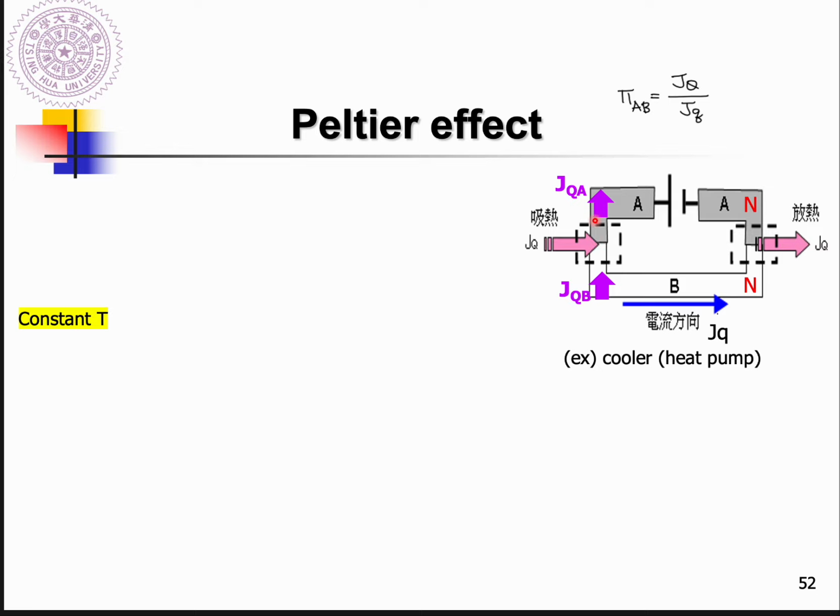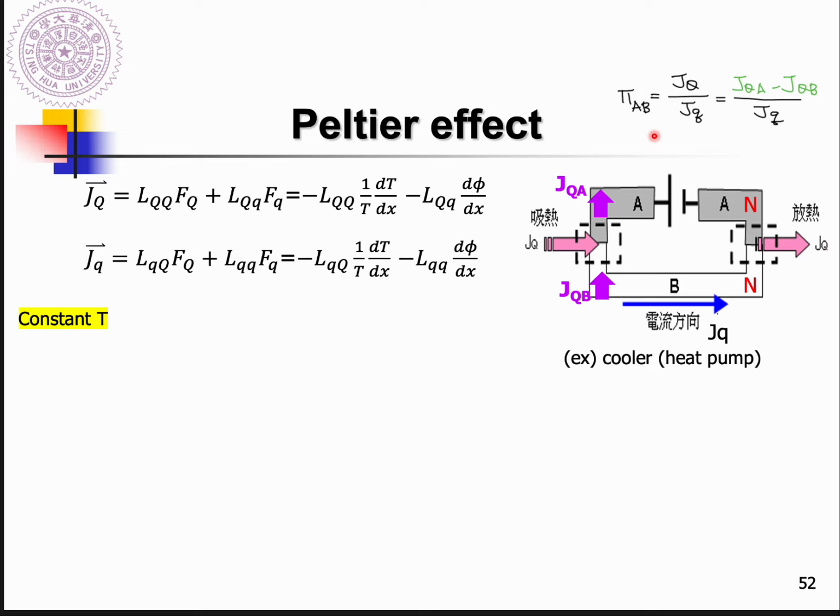So based on this, we know J_Q equals J_QA minus J_QB. The reason is, the heat flowing in will equal J_QA. So J_Q plus J_QB equals J_QA. So when you want to know the value of J_Q, you can use J_QA minus J_QB. So this is the Peltier coefficient. Now you know that, right?